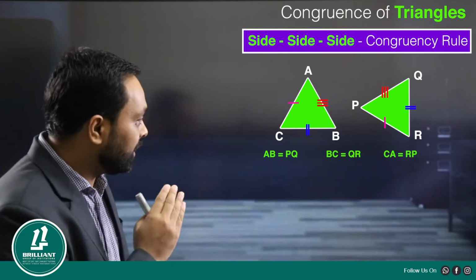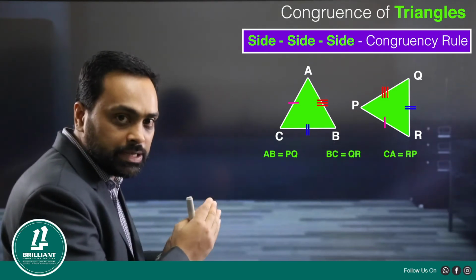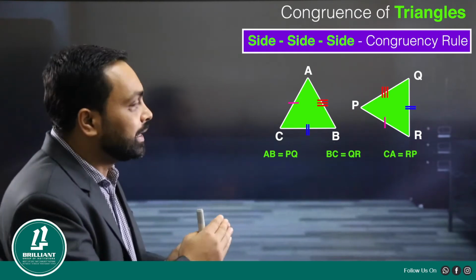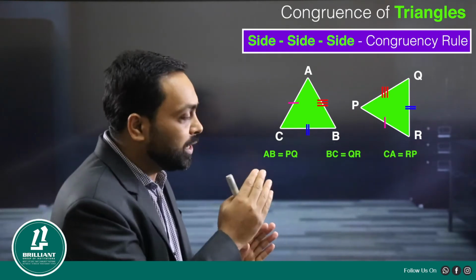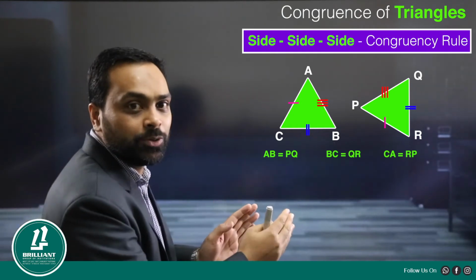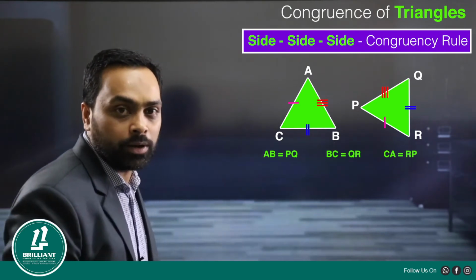See, once again, the side AB of the first triangle ABC is equal to the side PQ of the second triangle PQR. Respectively, the other two sides are also equal.